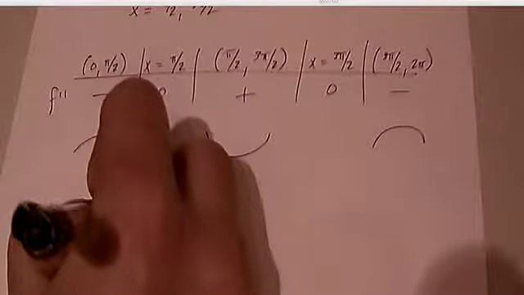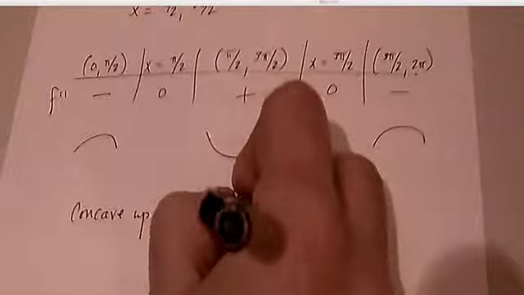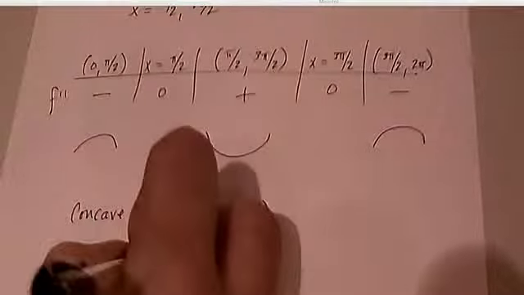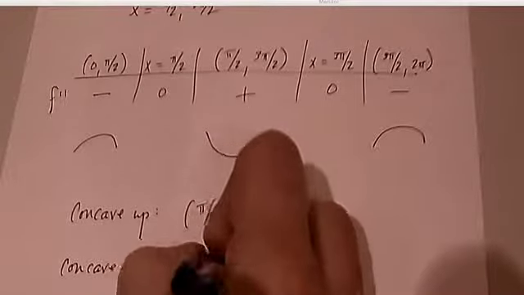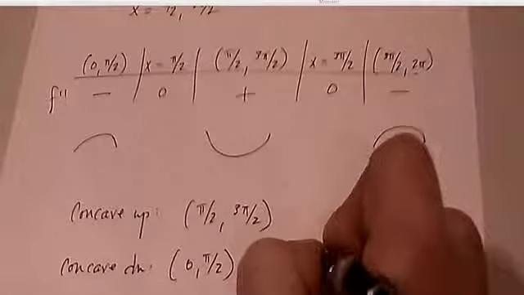Your interval concave up is going to be pi over 2 to 3 pi over 2, and your interval concave down is going to be 0 to pi over 2 union 3 pi over 2 to 2 pi.